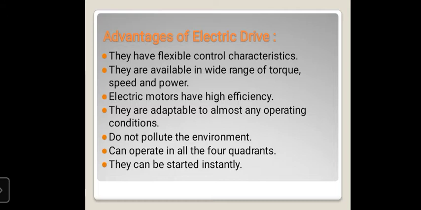The next point is they are available in a wide range of torque, speed and power. That means there are several motors available by which we can control that wide range of torque, speed and power.